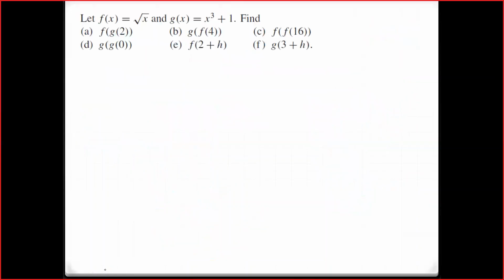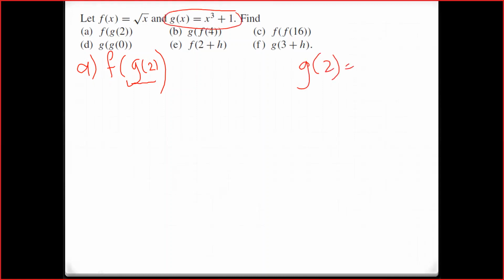Now, let f of x equal square root of x, and g of x is x cubed plus 1. Find f of g at 2. Let's do it. Now here, the first step, I have to find g of 2. G of 2 is 2 cubed plus 1. So 2 cubed is 8 plus 1 is 9.